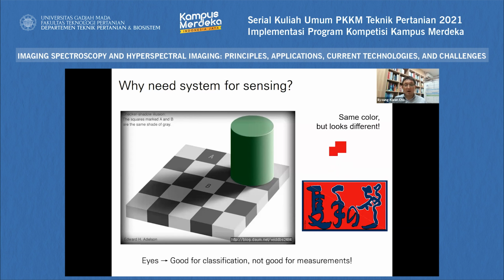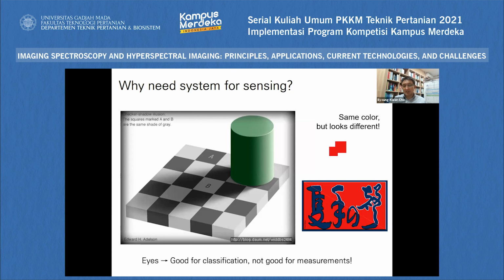So why does the color look different? Because our naked eyes are distorted. They are influenced by circumstances and conditions. So our eyes are very sensitive for classification, but not good for measurement.